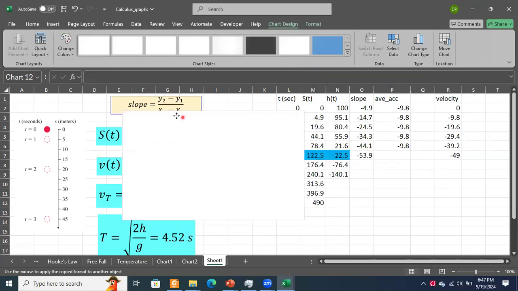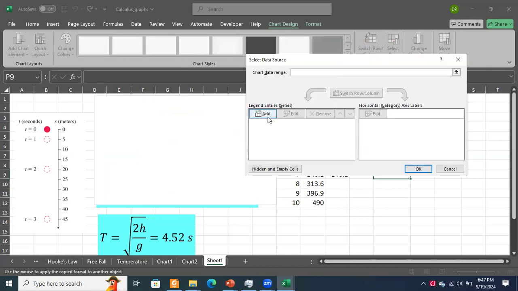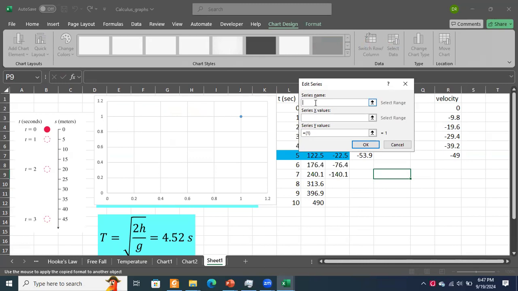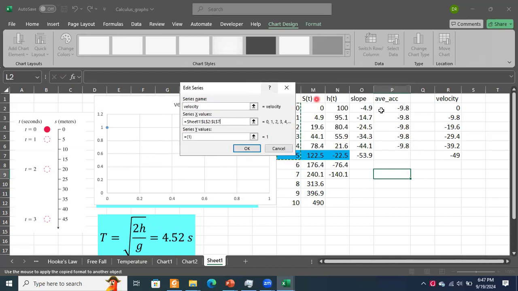We change the position of this one first. Okay. Then select the data, add a series, velocity, x values, the time values, and y values to be selected from the exact velocity calculation.